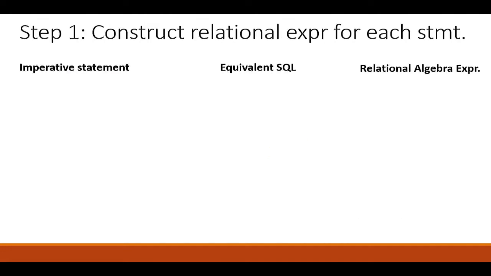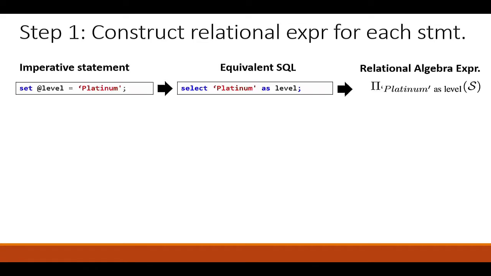So the first step that we do here is that we can see that every imperative statement can be translated to an equivalent relational algebraic expression. So here are some examples. If you have a variable assignment statement, as I've shown here, you can express it in relational algebra as a projection of a constant variable on a, like here S stands for a single row table.